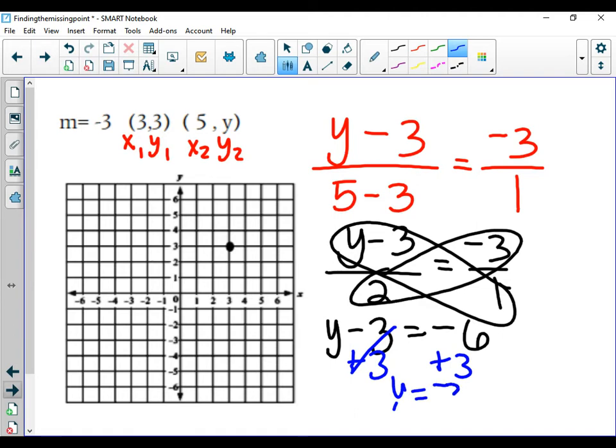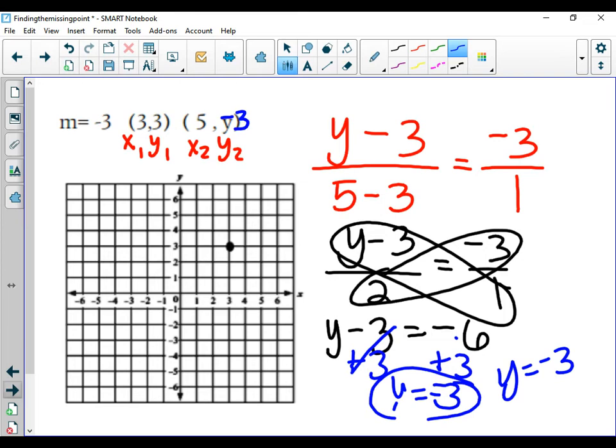Y is equal to negative 3. Because the signs are different, you subtract, you take the sign of the bigger number, which is 6, so it's negative 3. So the point that we have to plot is 5, negative 3.